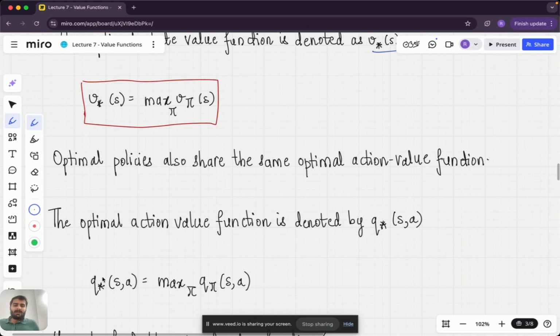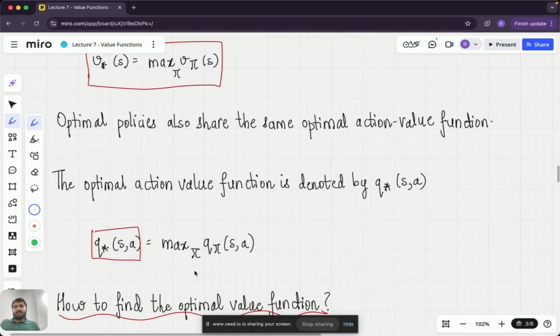So we define the optimal action value function as q star of s comma a, which is finding a policy which maximizes the action value function for all the states and the actions which are taken from that particular state.